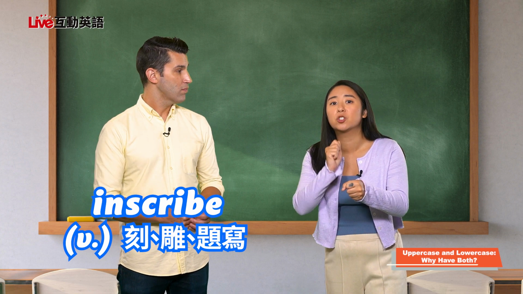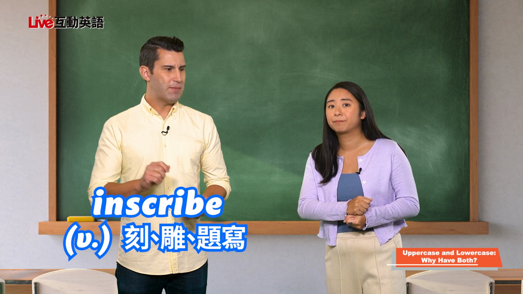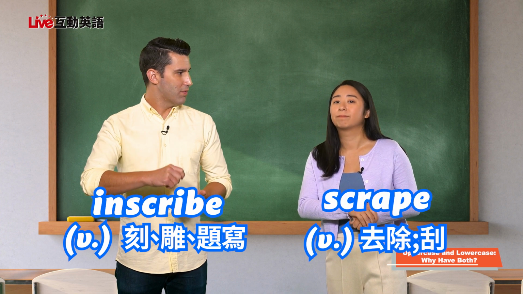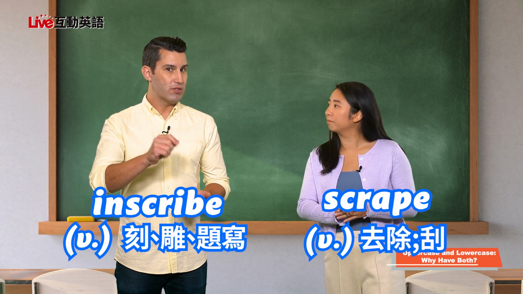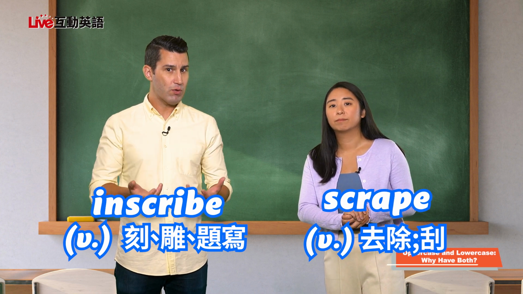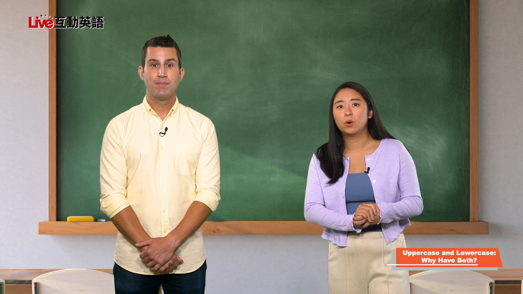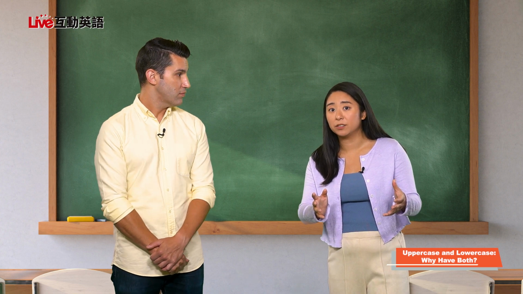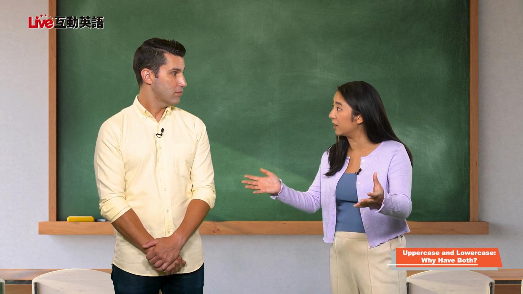Right, to inscribe you mean by scraping or removing some of the material to make a mark in the thing that you're inscribing on. Right. So when they inscribed letters, they would usually use uppercase letters.